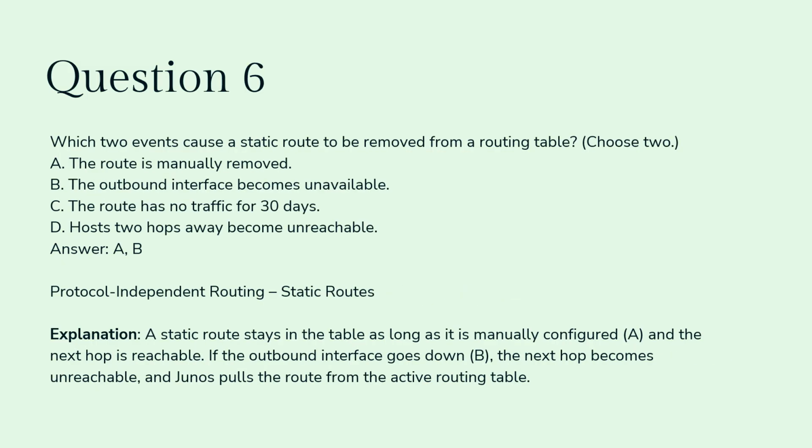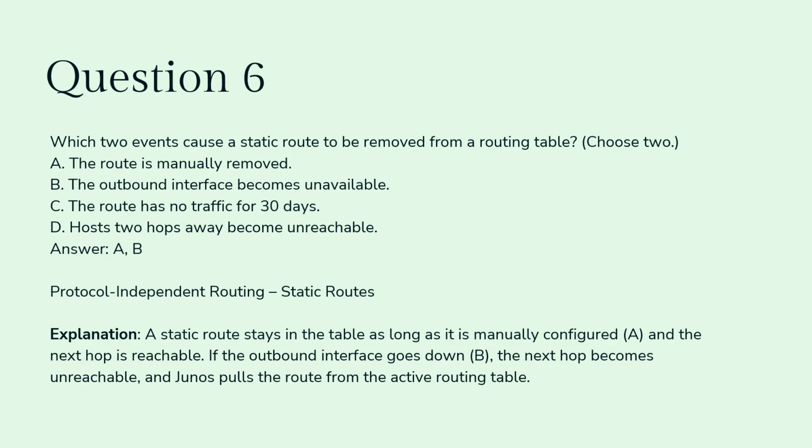Which two events cause a static route to be removed from a routing table? Choose 2. A. The route is manually removed. B. The outbound interface becomes unavailable. C. The route has no traffic for 30 days. D. Hosts 2 hops away become unreachable.